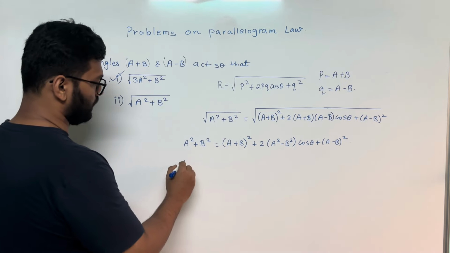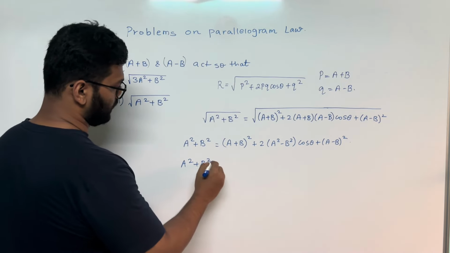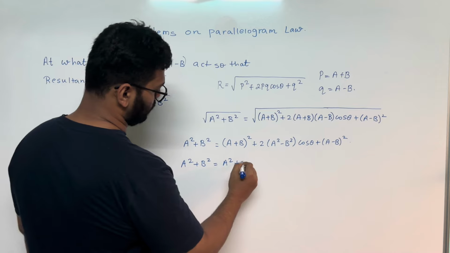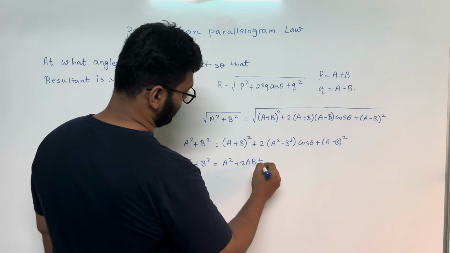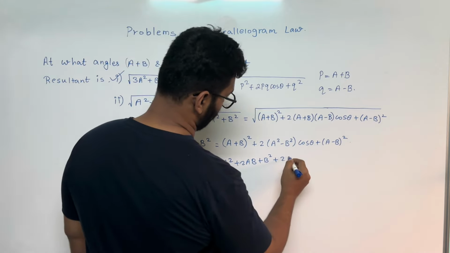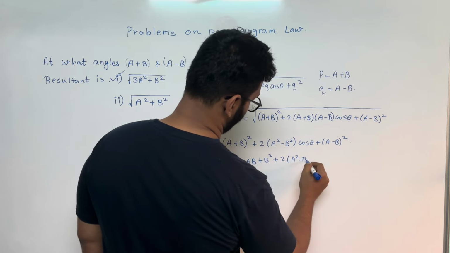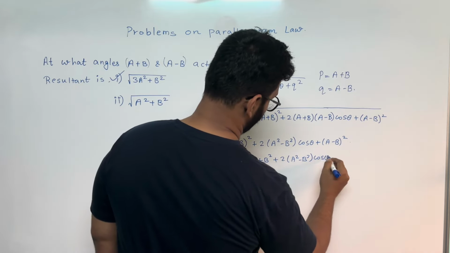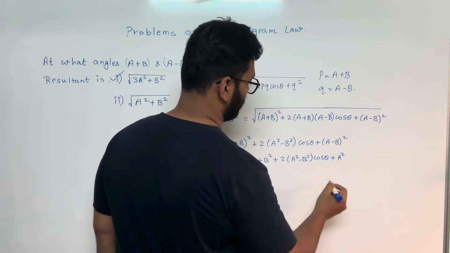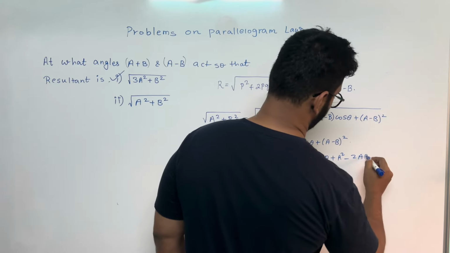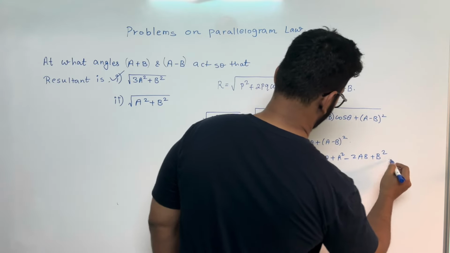So again same thing, a square plus b square is equal to a square plus 2ab plus b square plus 2 times (a square minus b square) cos theta plus a square minus 2ab plus b square, right?